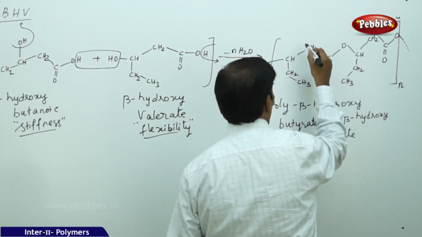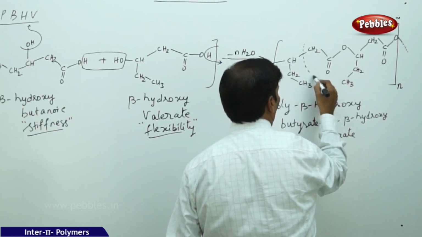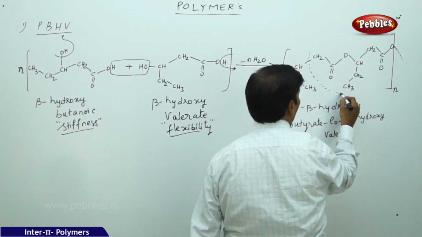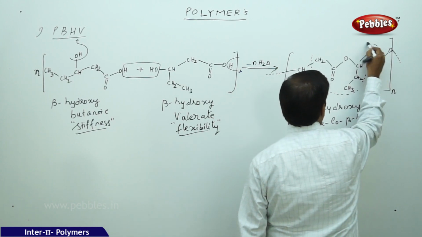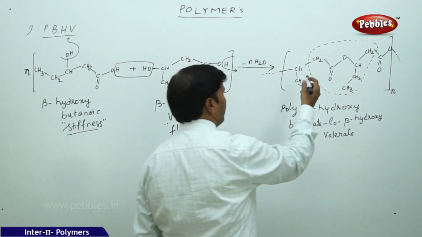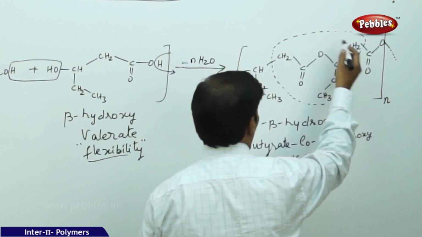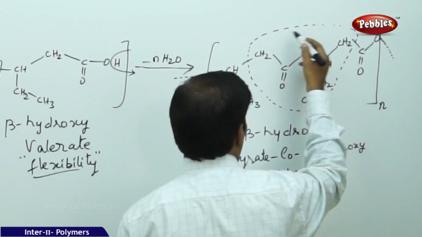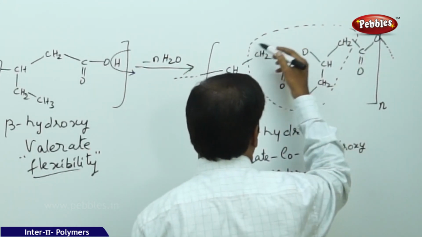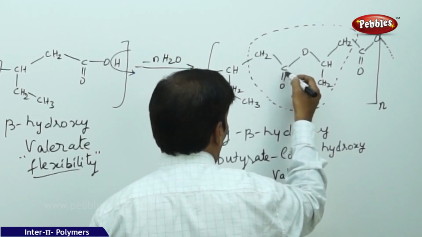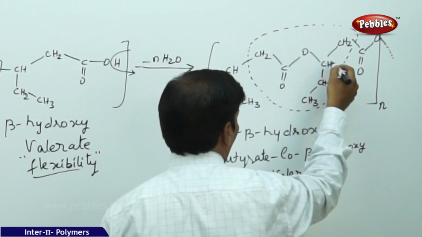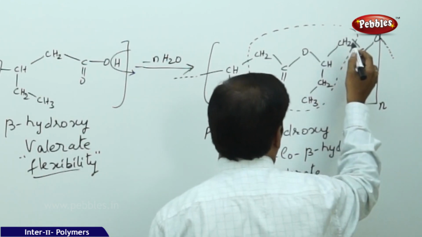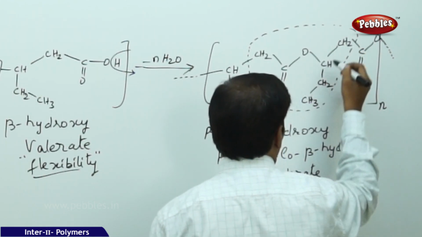In fact, this is the area where you can highlight. So here we can see the ester linkage. This is the aliphatic ester linkage. You can see CH2, carbonyl group, again O, CH of CH2 CO, OCH of CH2 CH3, and again CH2.